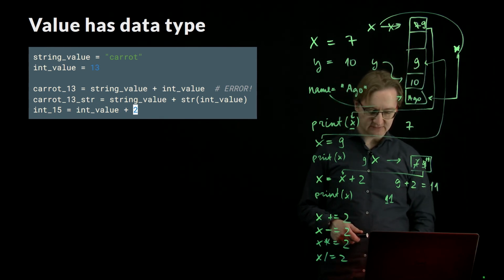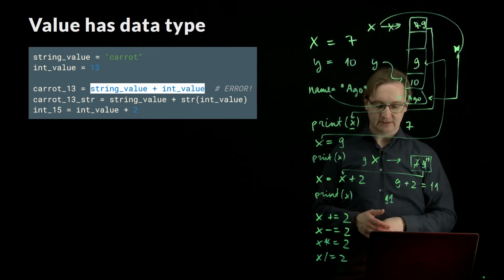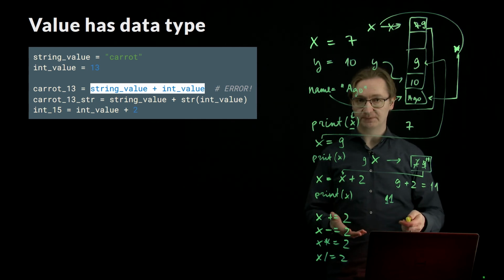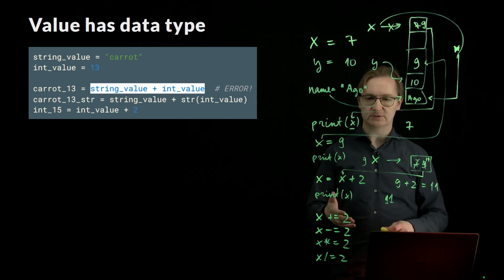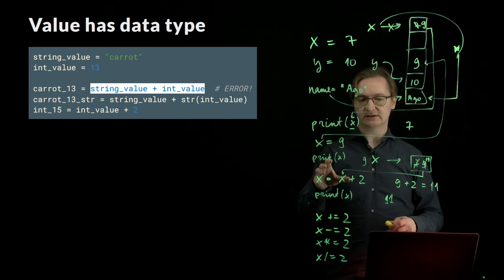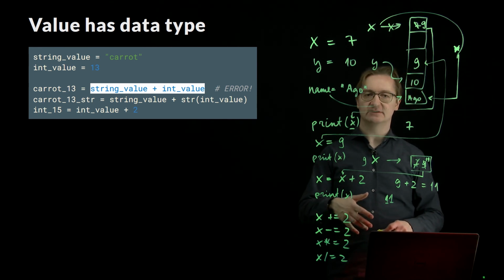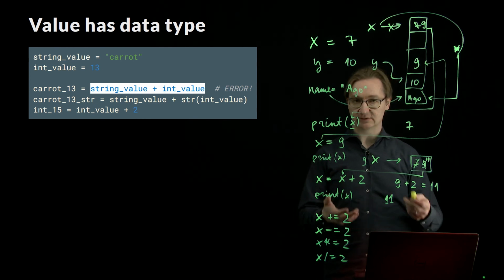But the point is that with this calculation, adding two variables, when the code is not executed, Python doesn't know whether it's correct or whether it gives us an error. In some languages where we do have data types for variables, it can give us an error already when compiling the code, before executing it.